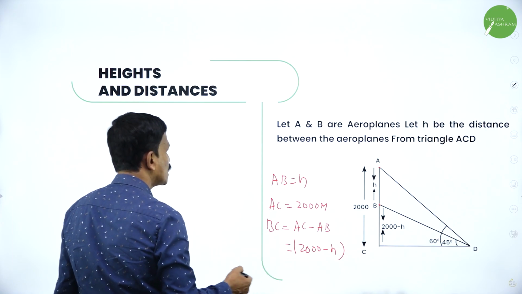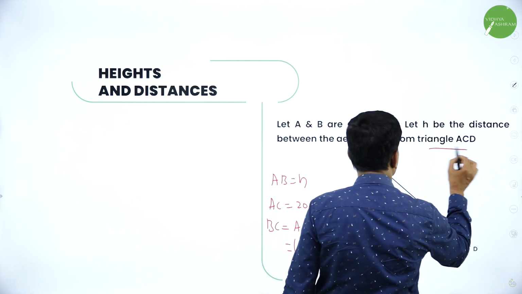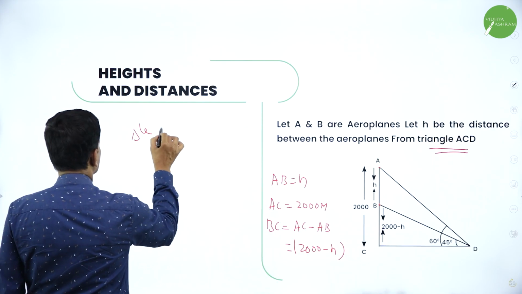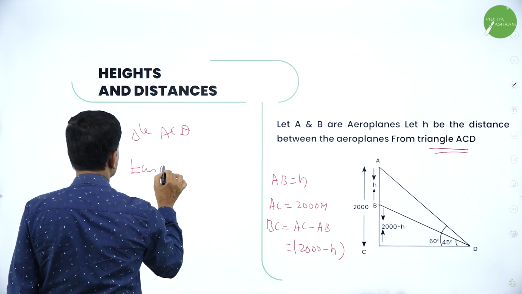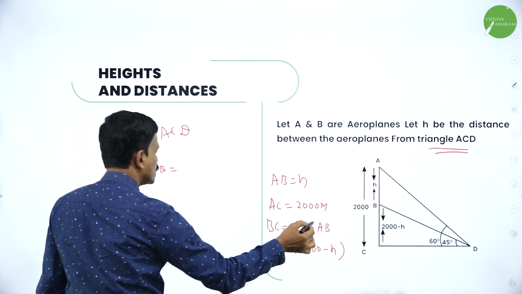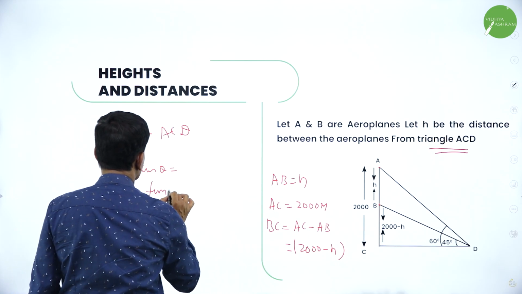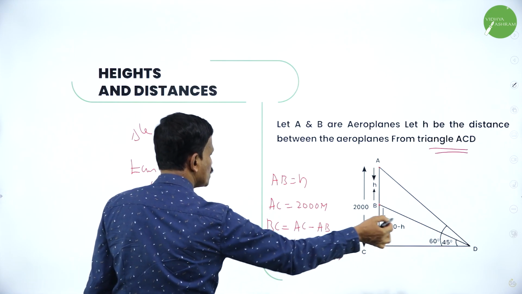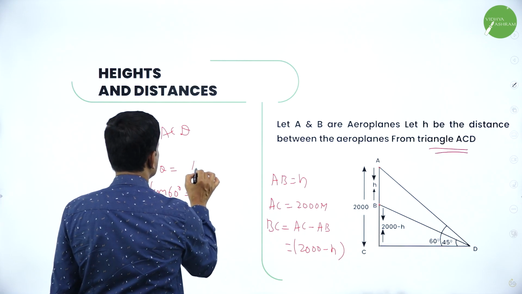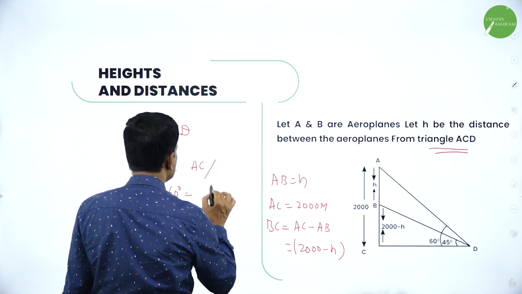Okay. Now from triangle ACD, you will get tan theta is equal to tan 60. So what is tan theta? Opposite divided by adjacent, that is AC divided by CD.